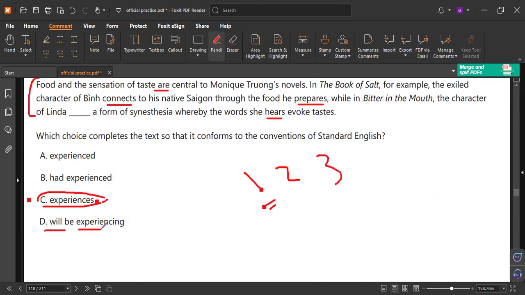Future continuous means you expect an action will happen in the future at a specific time. For example, tomorrow from 7 to 10, I will be traveling. So I will be traveling tomorrow. From 7 to 10, please do not call me. That's why.